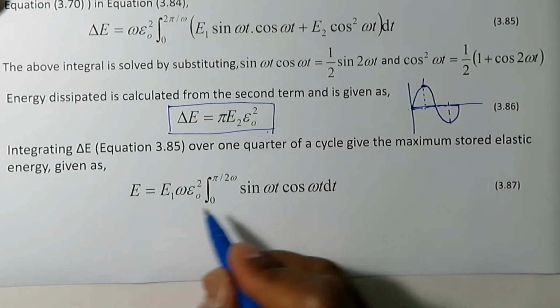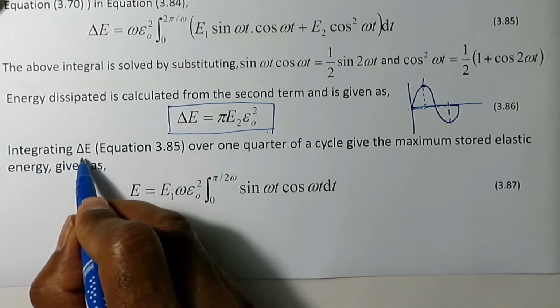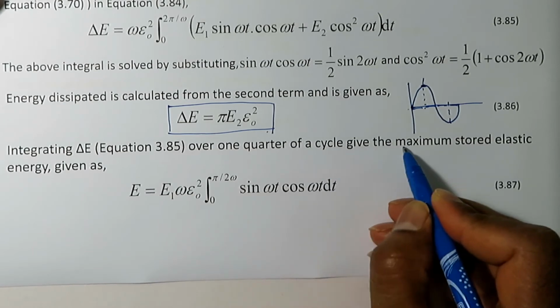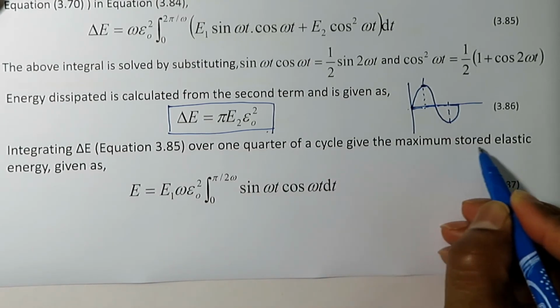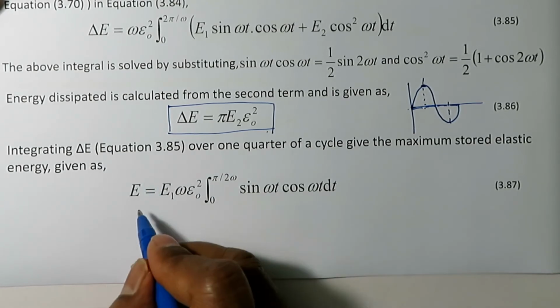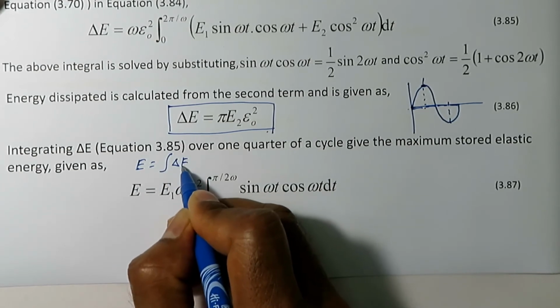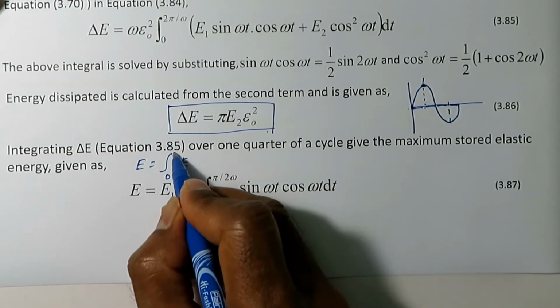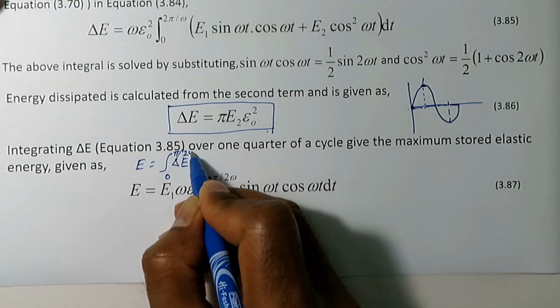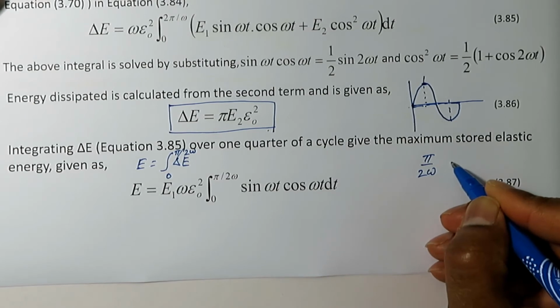So we will use the limit of only 1 quarter. Integrating delta E over 1 quarter of a cycle will give the maximum stored elastic energy. So this will be given as this one, integrating delta E from 0 to pi over 2 omega. So pi over 2 omega is 1 quarter of a cycle.